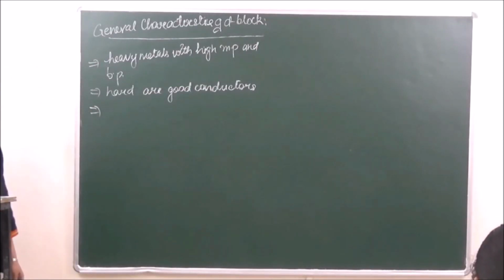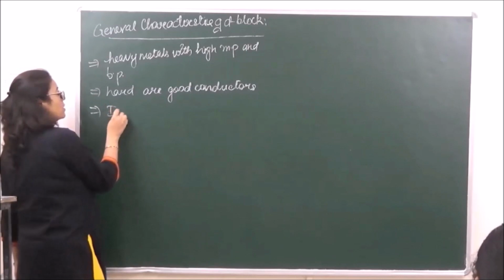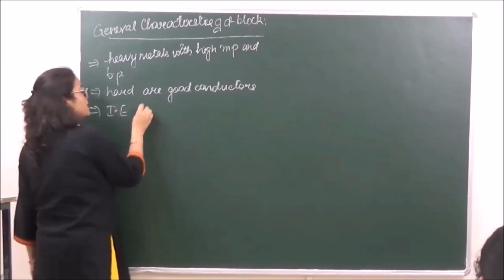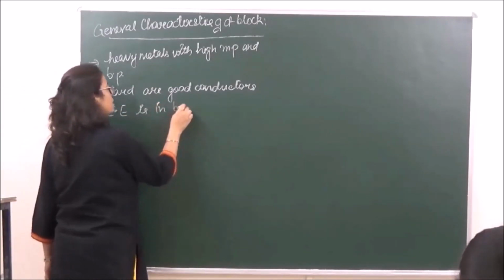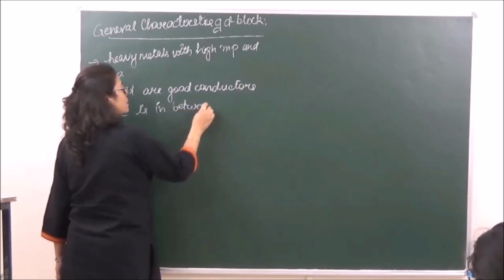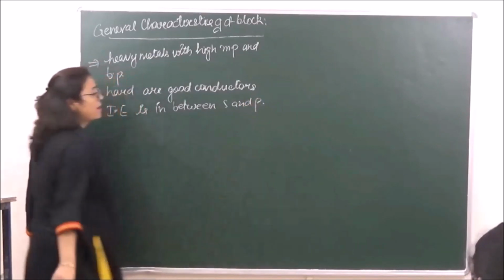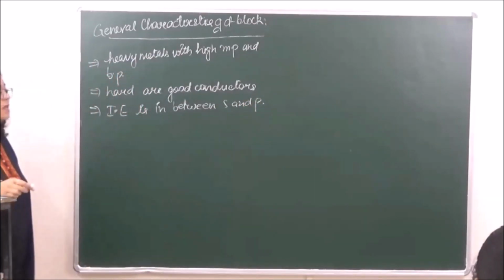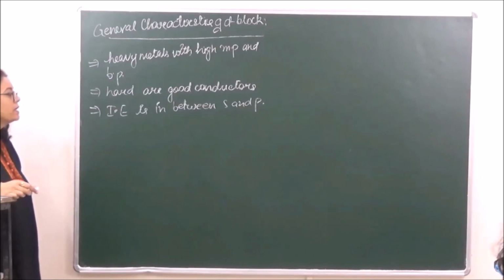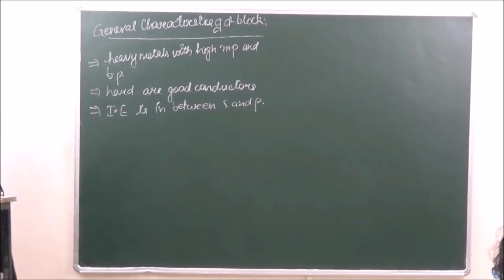Then the ionization energy of D blocks is in between S and P, which means that they have higher ionization energies than S, but they have lower ionization energies than P, right? So it is between S and P, okay?